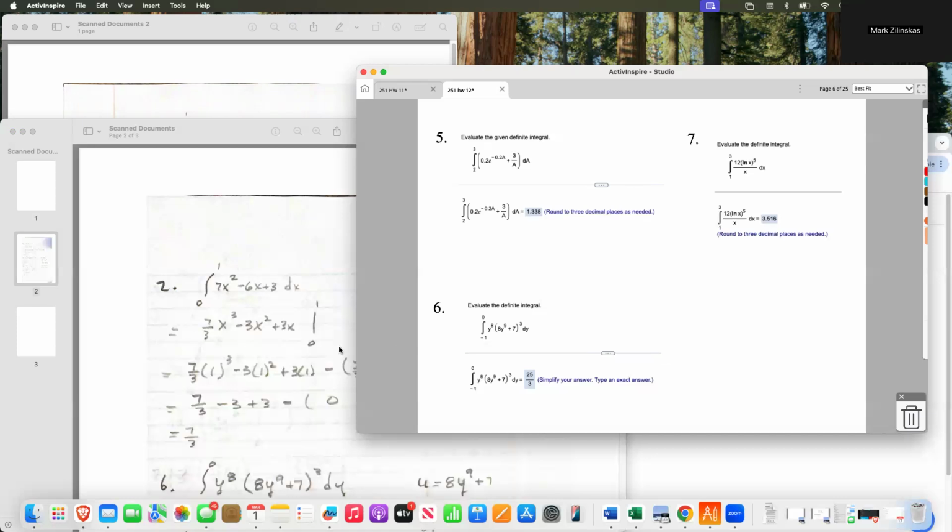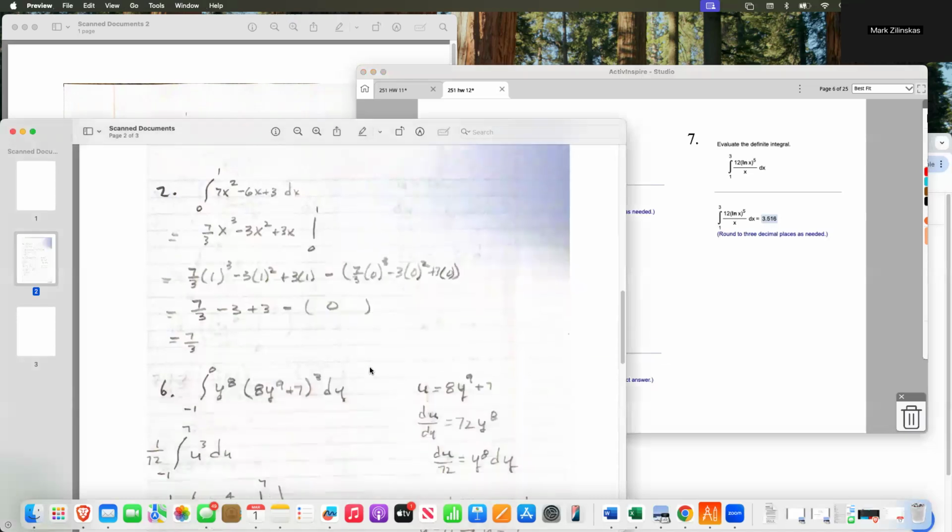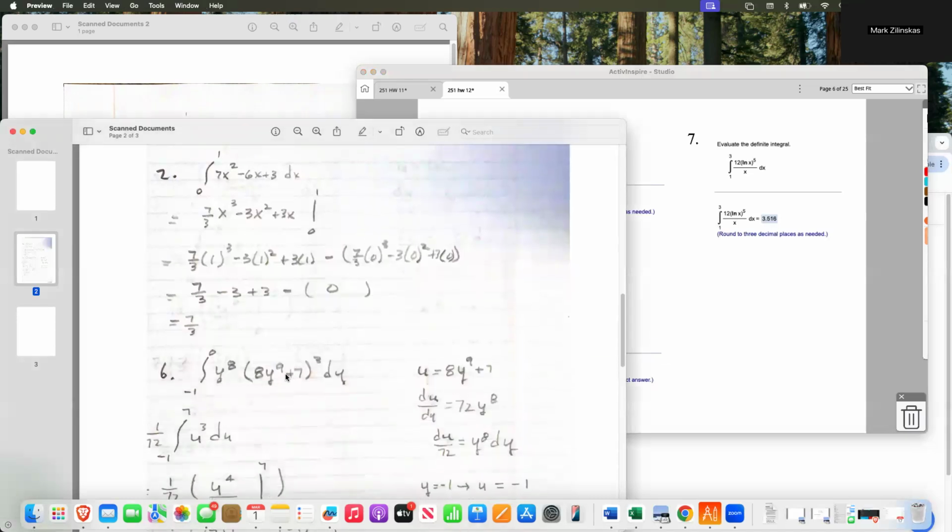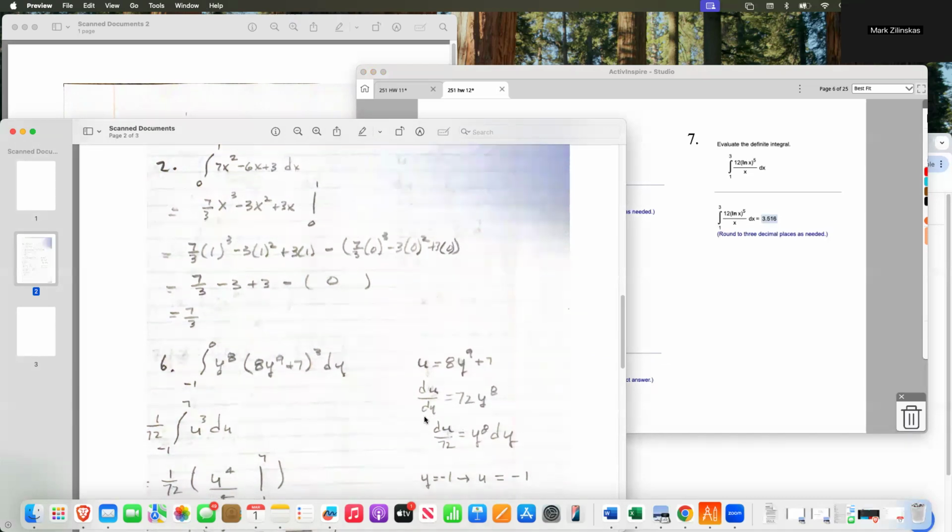So what we'll do is come over here to this example. Notice we need to get 25/3. They want an exact answer here. So I'm going to let u be my inner function, which is 8 times y to the 9th plus 7. I take the derivative and get 72y to the 8th. Remember, I need to account for the y to the 8th.